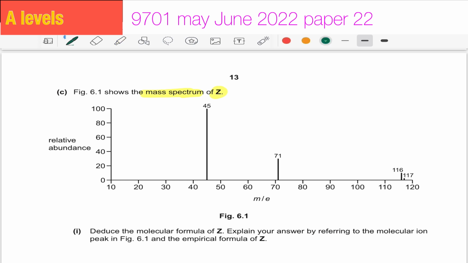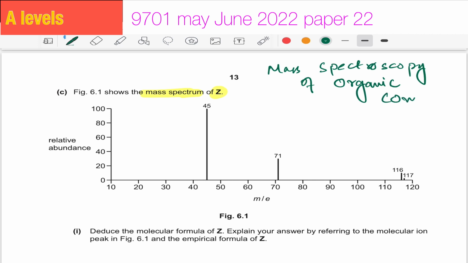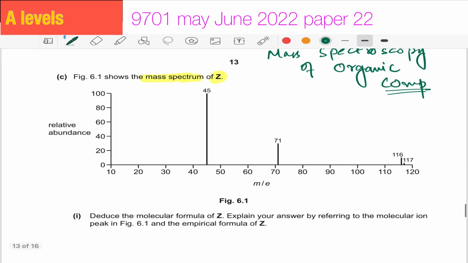This topic was previously in A2, but last year they moved it to the AS syllabus, so this is the first time it comes in AS paper 2. The question says it shows the mass spectrum of Z.